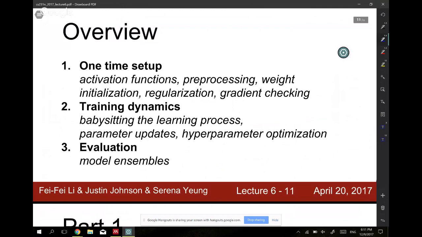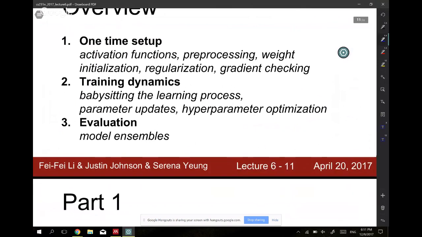We will talk about data pre-processing, how to initialize the weights, how to do regularization, and how to check your gradients to make sure everything is sane. Then in the second part, we will talk about the training dynamics: how to babysit the learning process, how to do parameter updates, and optimization. And in the third part, it will be evaluation and model ensembles.